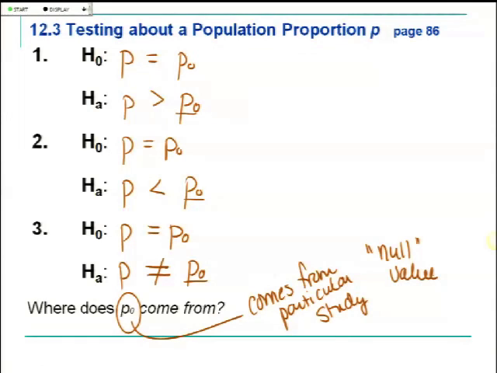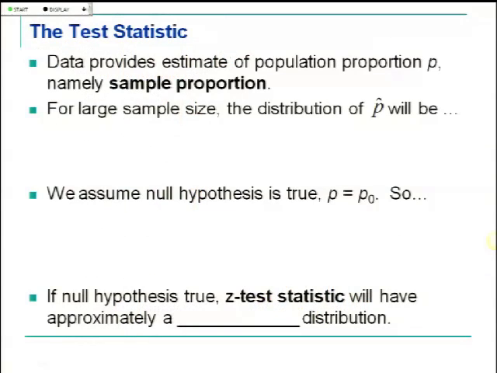So we're going to say, let's say H0's true. So the true proportion P is this particular value. And then we're going to look at our data and compare it to that value. So under H0, the true value of P is known. It's some specific value. We'll take our data and get a sample proportion.